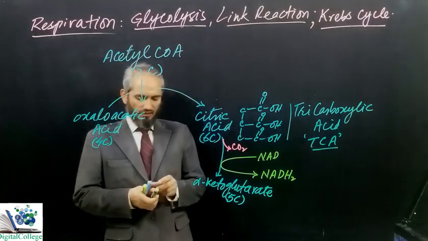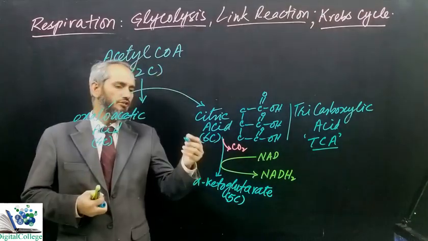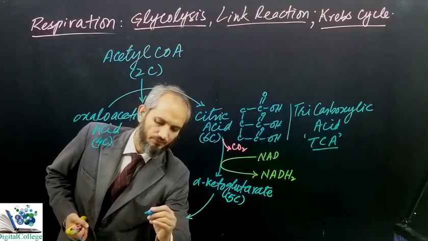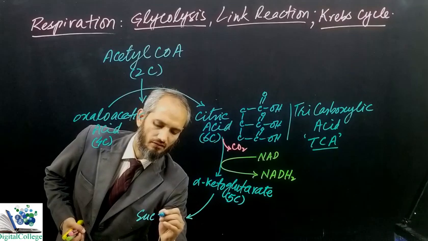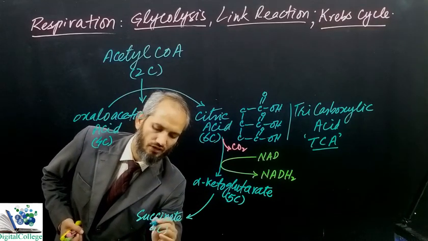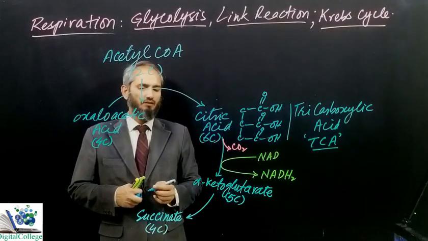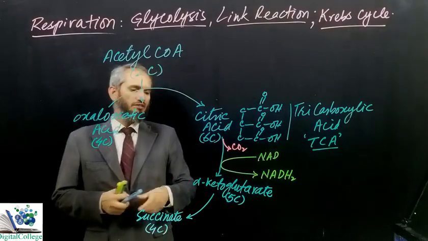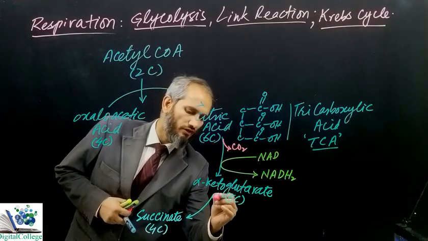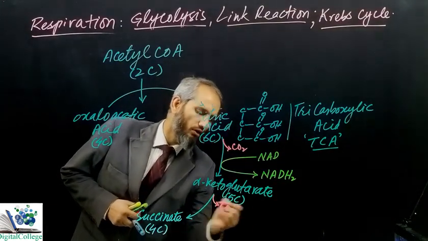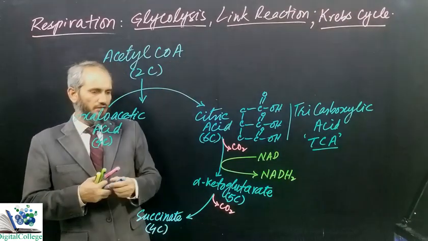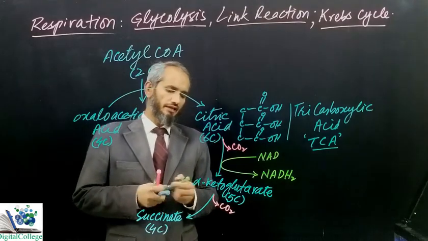Now in the next step, alpha ketoglutarate is oxidized into succinate, which is a 4-carbon compound. Once again, during this process, 1 carbon is being removed, and along with the removal of carbon, there must be the removal of hydrogen, and that removal of hydrogen is by the oxidation of NAD.